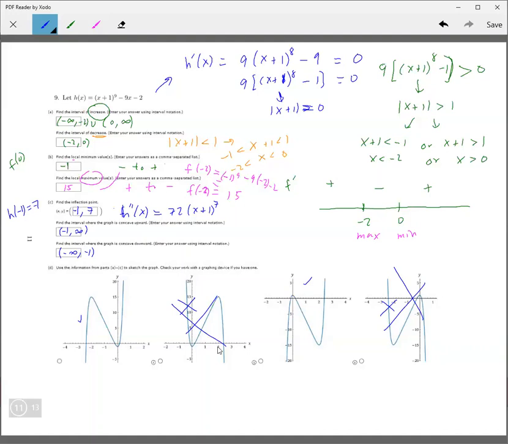Now, it looks like these pretty much have the same shape, except, wait a minute, what am I thinking? No, this is way off, because -infinity to -2 would be up to here, and then it's supposed to be decreasing here. So this is the only one that it could be.